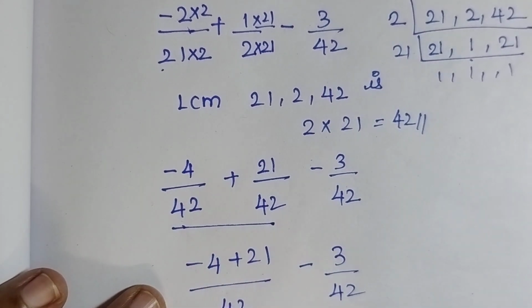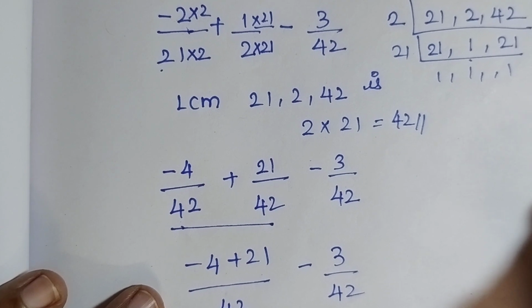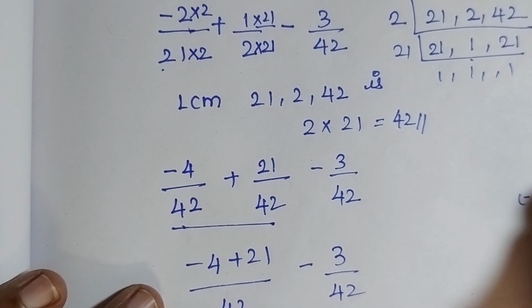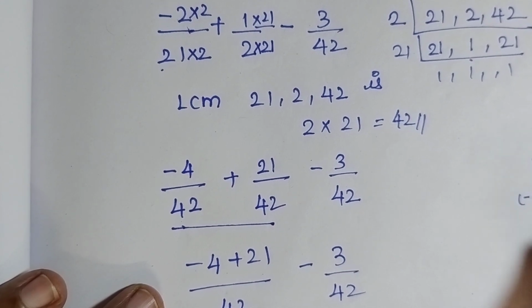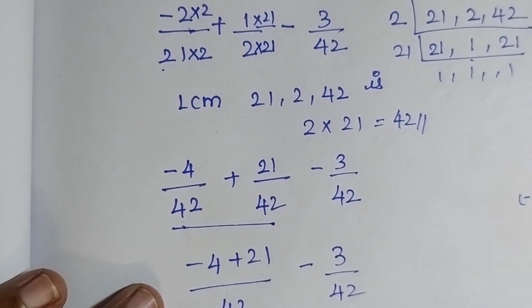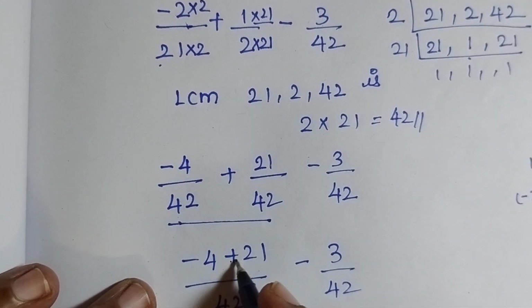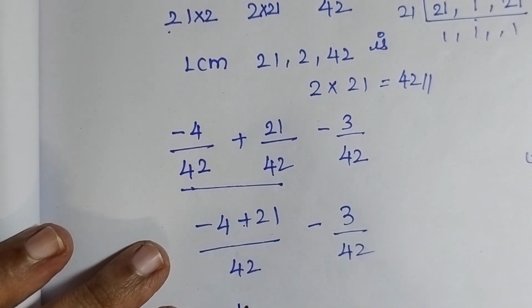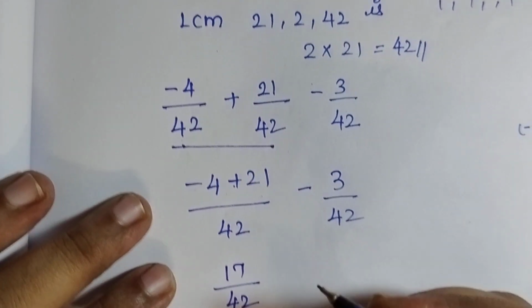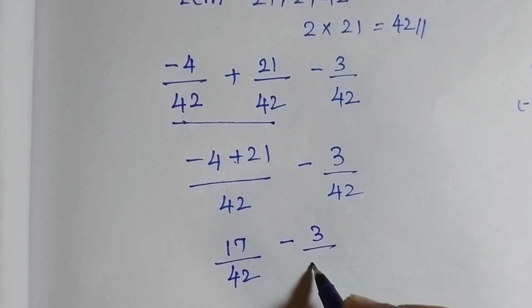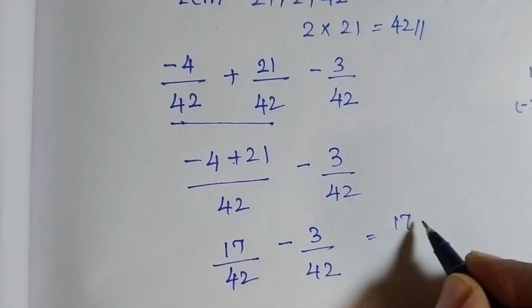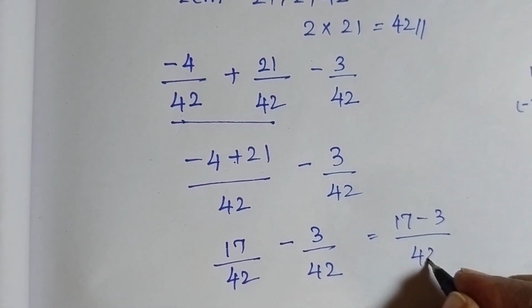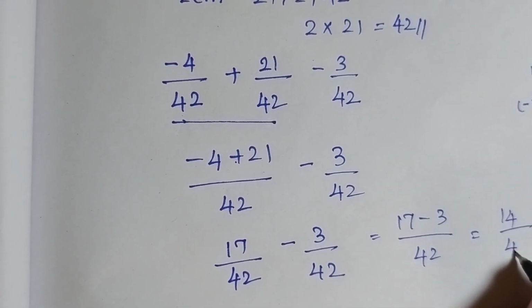Minus 4 plus 21. 4 we need to subtract from 21, so we'll get 17. So we'll get 17 divided by 42 minus 3 divided by 42. Next we will move to the subtraction operation, which is equal to 17 minus 3 divided by 42, which is equal to 14 divided by 42.